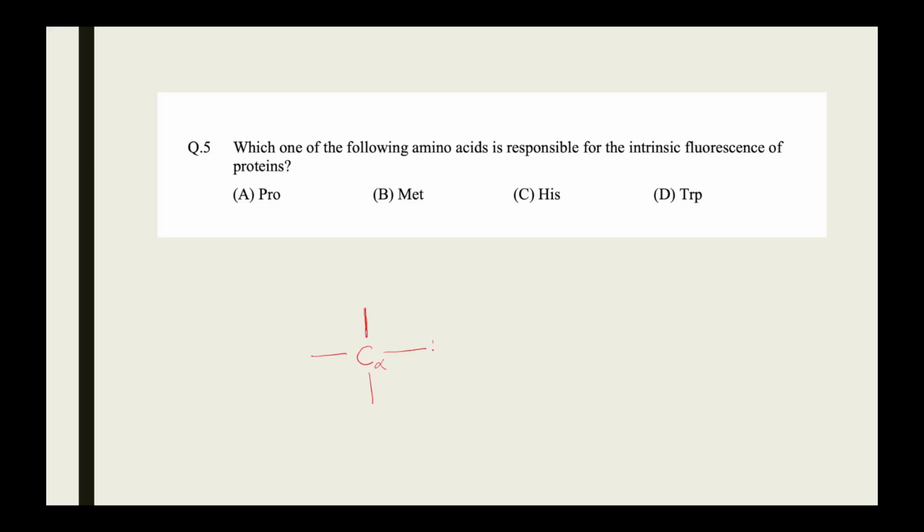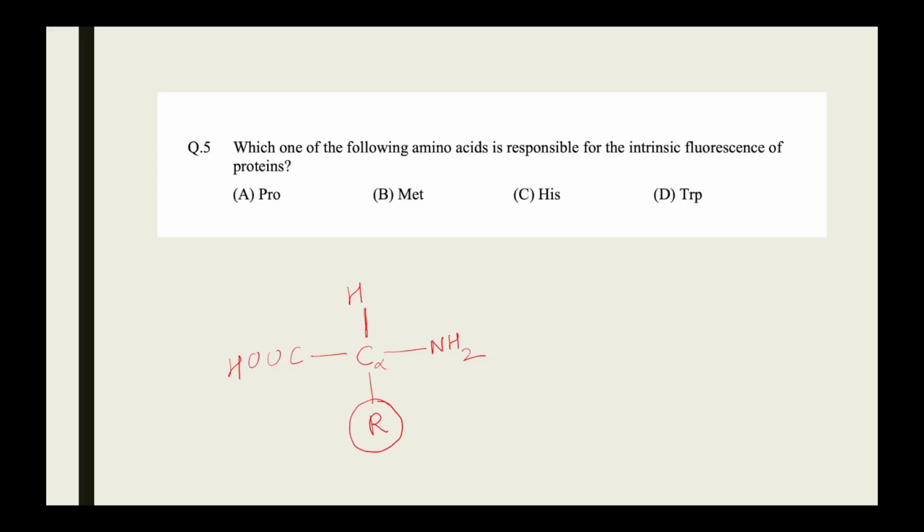Here an amino group is added, in another portion a carboxyl group is added, hydrogen is added, and here an R group is added. Okay. So the R group could be any side chain, which brings the diversity in the different amino acids.